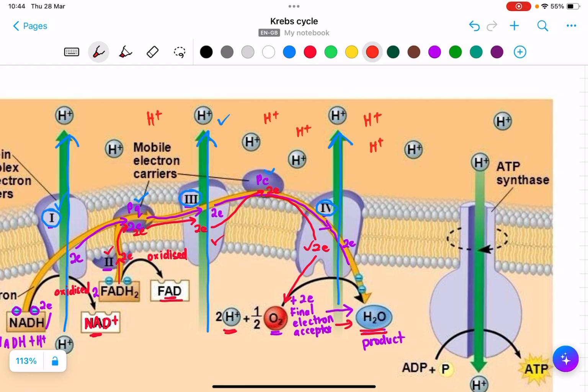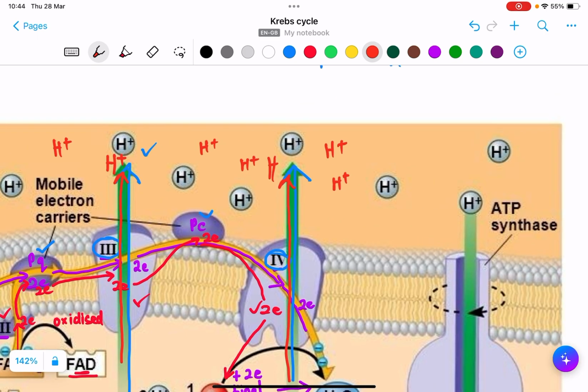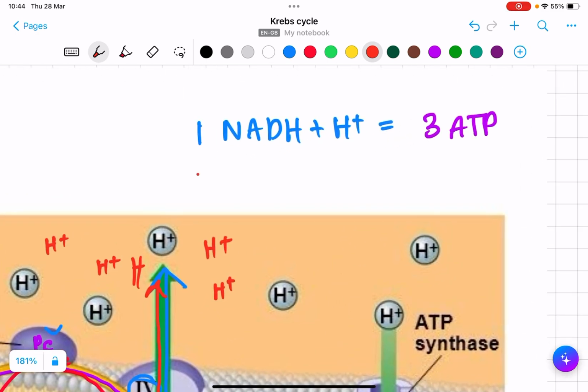So, let me show you, when electrons from FADH2 pass through, it will pump hydrogen. So, one hydrogen ion, one place to pump hydrogen ion. And the second one at complex 4. Another hydrogen ion. So, we have 2 places for hydrogen ion. So, the formula is 1 FADH2 will produce 2 ATP.